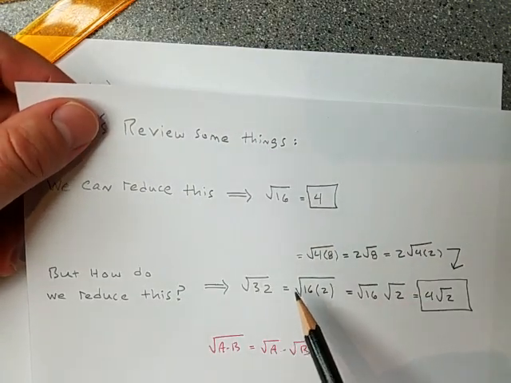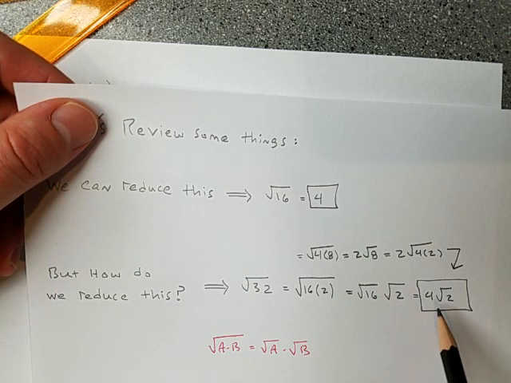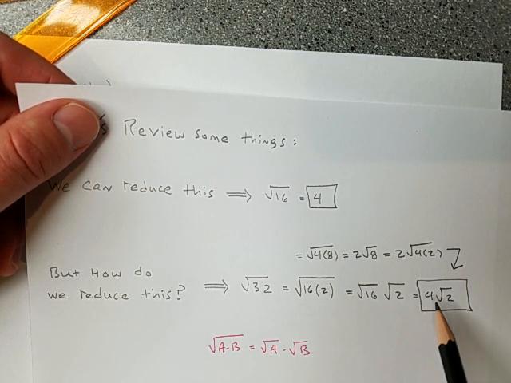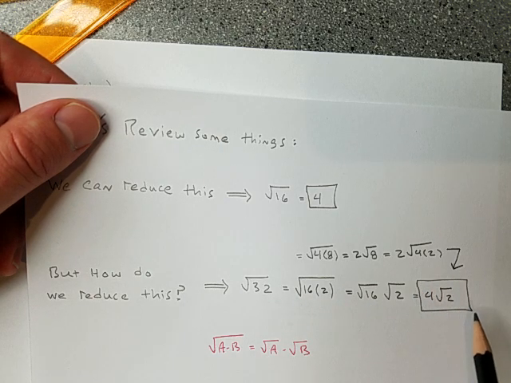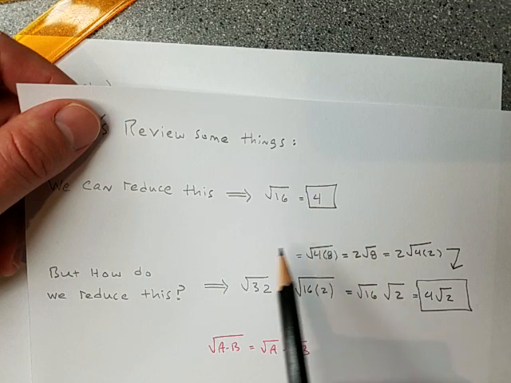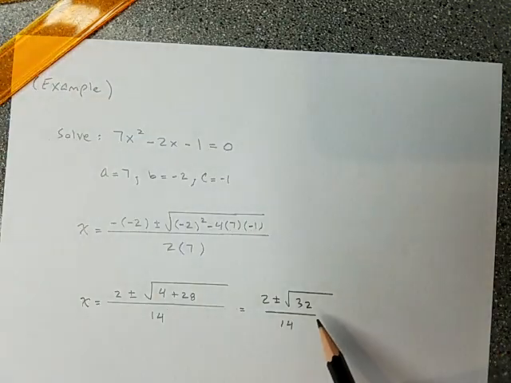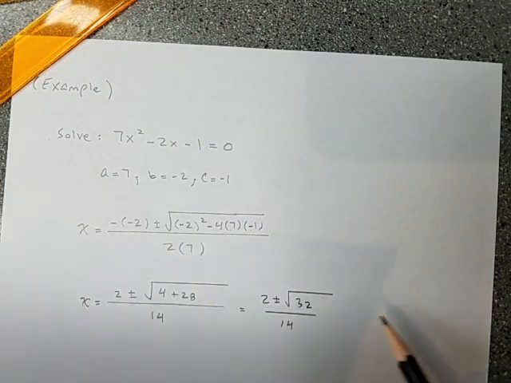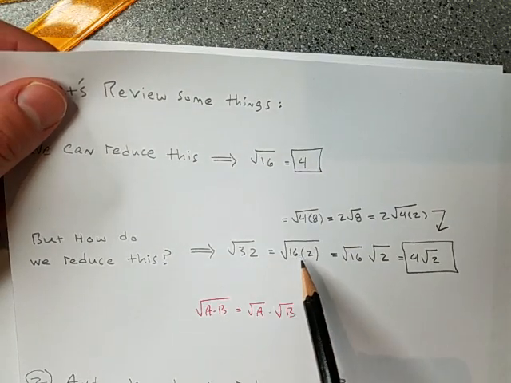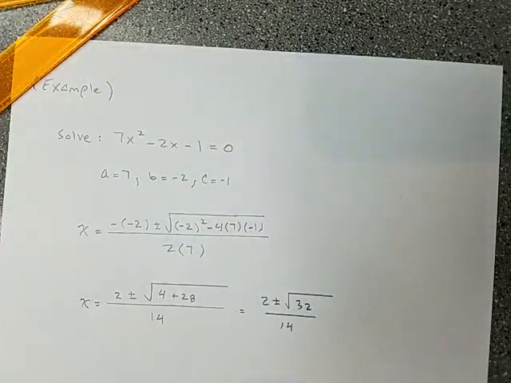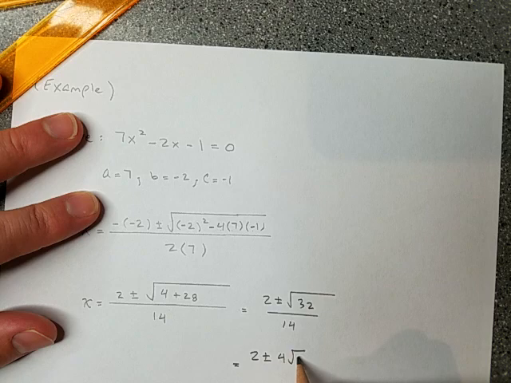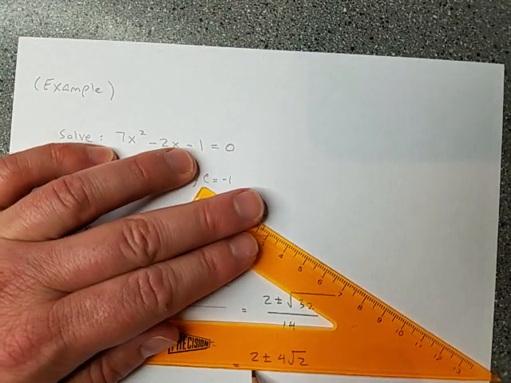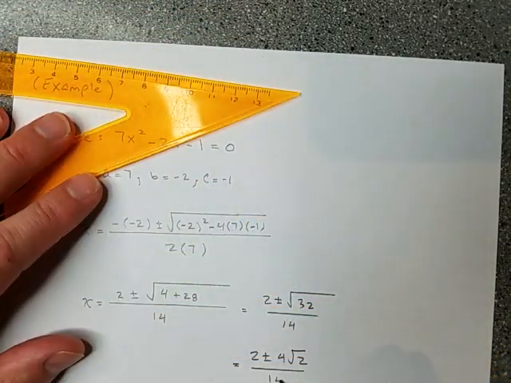Root 32 would need to be reduced like this. Okay? I've already done it right here, so I'm just going to use my result. I just want to bring this up before we got into it. But yes, root 32, we can reduce a little bit like that to 4 root 2. So let's say 2 plus or minus 4 root 2, that's root 32, over 14.